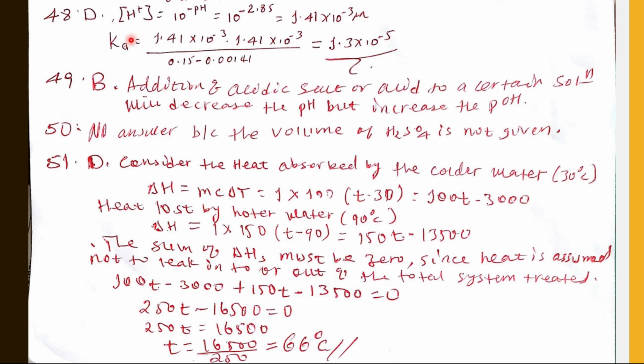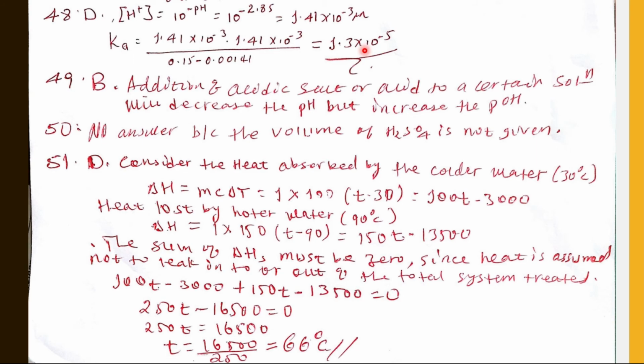And Ka is equal to the concentration of hydrogen times the concentration of the conjugate base over the initial concentration minus the equilibrium concentration of hydrogen. Then your answer will be 1.3 times 10 to the power of minus 5.